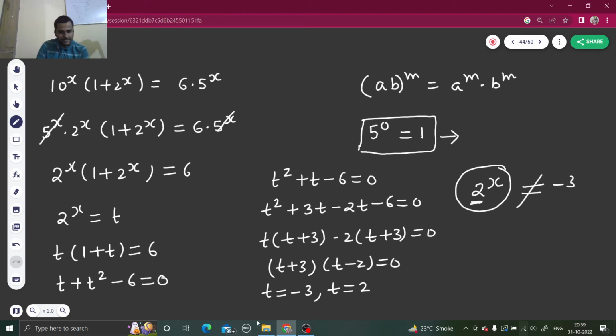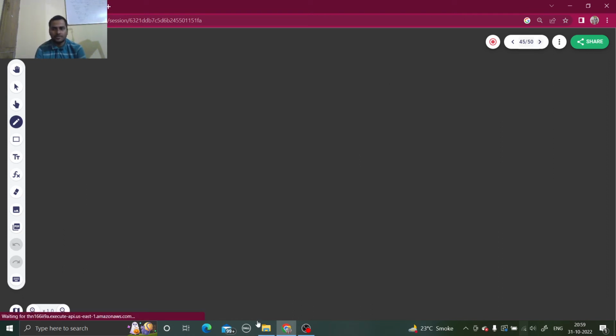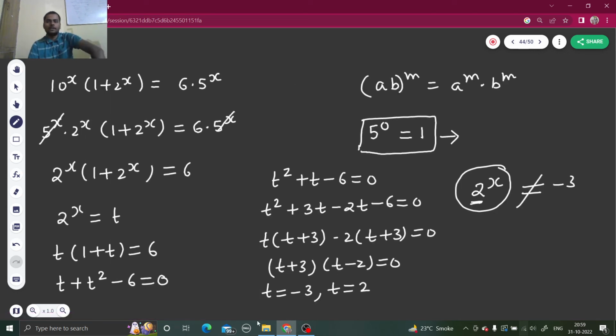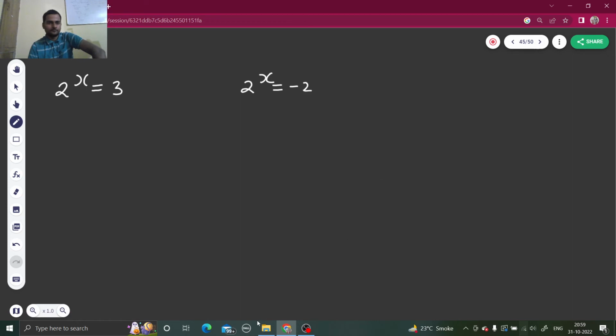So t equals minus 3 and t equals 2 says that 2 power x is minus 3 and 2 power x is 2. As I told, the first can never be possible. Because 2 power 0 is 1, and 2 power 2, 2 power 3 are going to be larger.